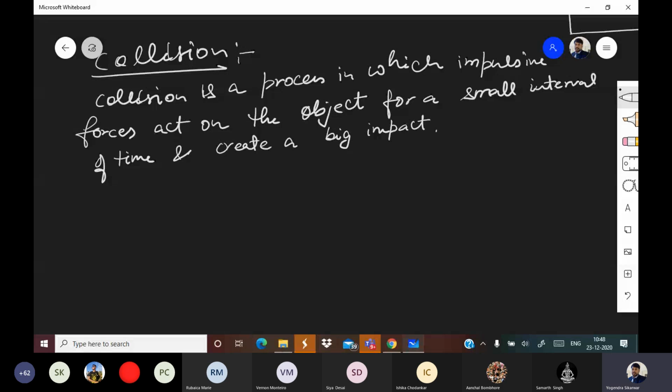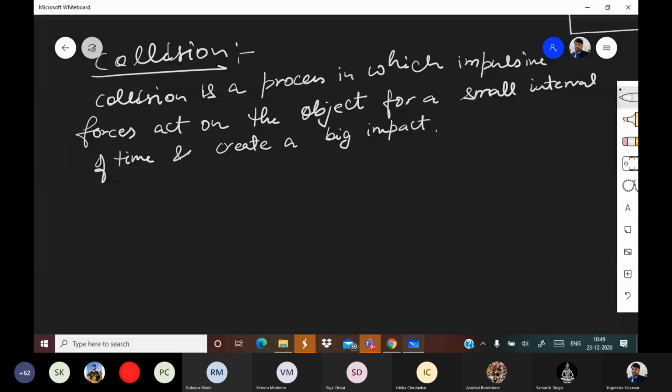Suppose sometimes you got angry and you went and slapped a person. That is also a kind of collision, occurring between your palm and face of that person. Sometimes due to that impact, you can see marks of those fingers on the face of the person. So that is impact of collision.